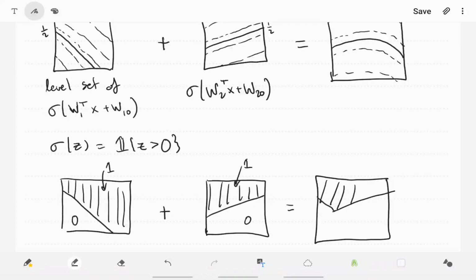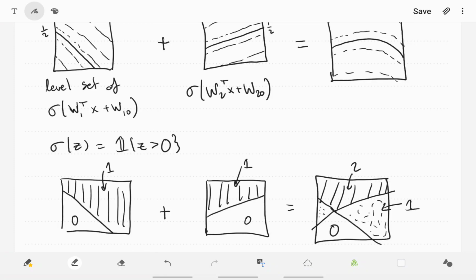Right? Where these 2 overlap, the value is 2 here. Where they do not quite overlap, something like this, the value is 1. And then here, the value is 0.